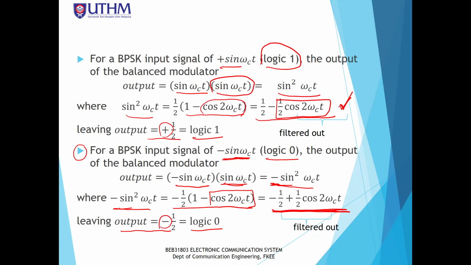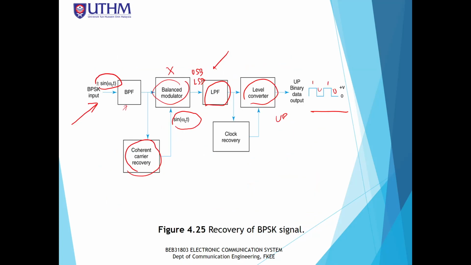So it is logic 0. We have asked this kind of question previously, where we provide the input, either sine wave or negative sine, and then produce the output. It's a very simple question to produce the logic output.